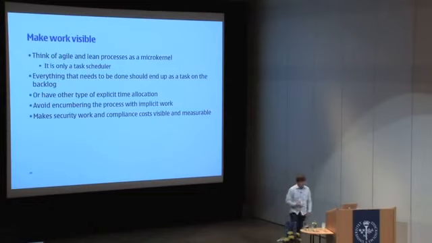The difference is that if you have a microkernel like an Agile process, everything that you do will be allocated a specific time slot, and all the work is visible, and there is no implicit work that is just supposed to be done.